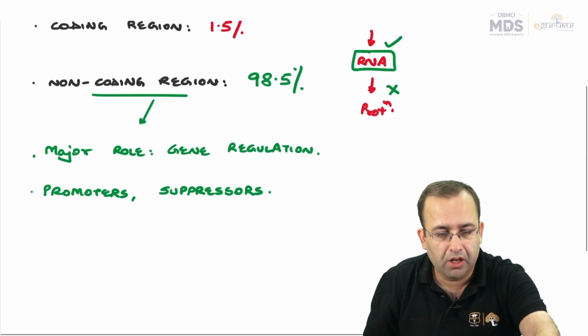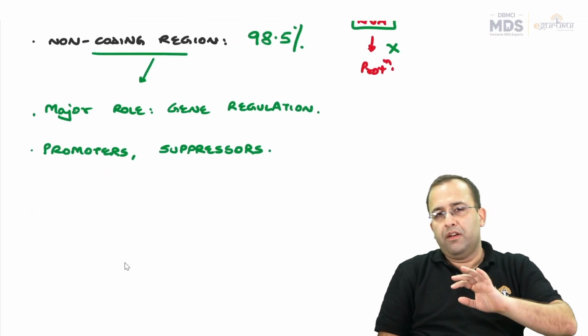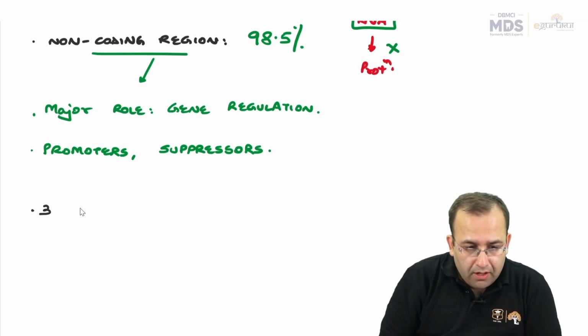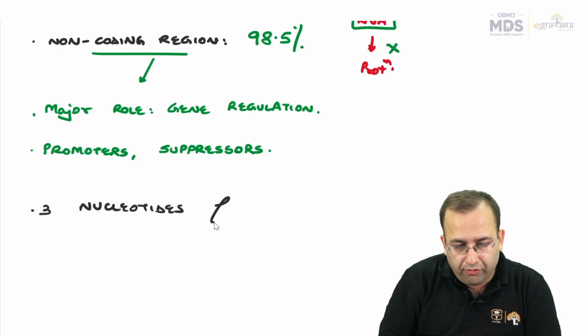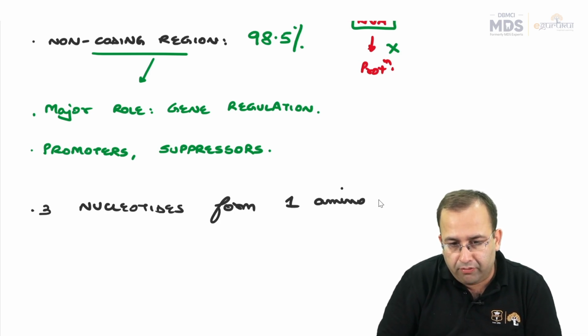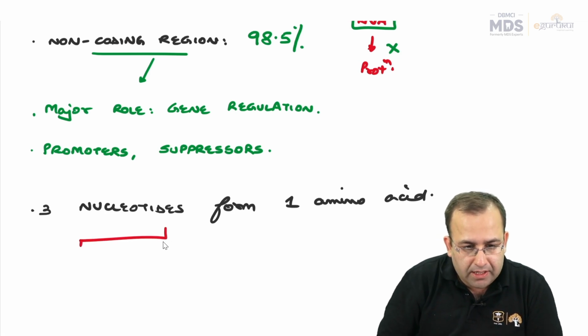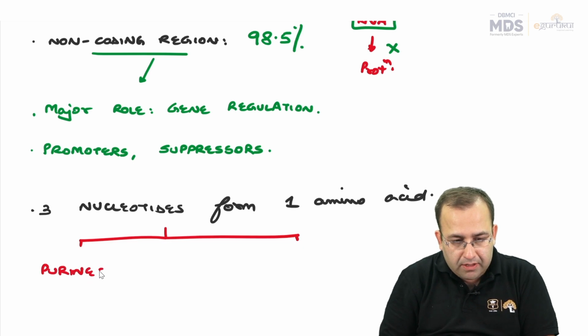Next point. How many nucleotides form one amino acid? Which is the start codon? AUG. So how many nucleotides? 3 nucleotides form one amino acid. I can divide nucleotides into two categories, purines and pyrimidines.